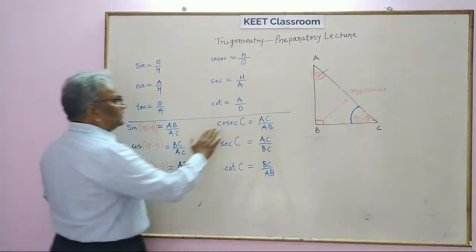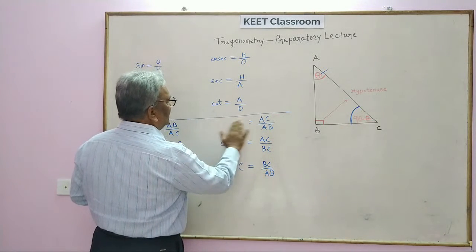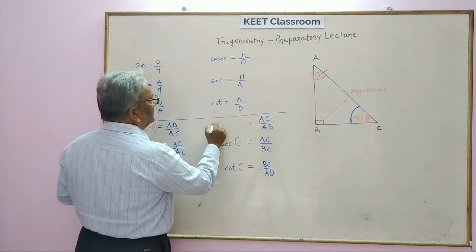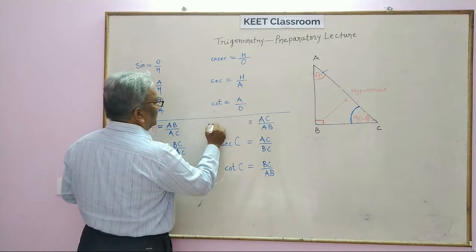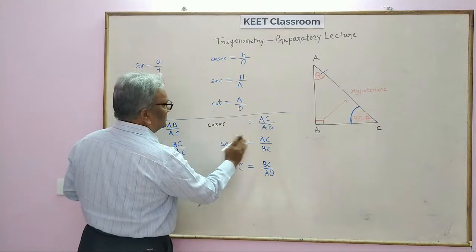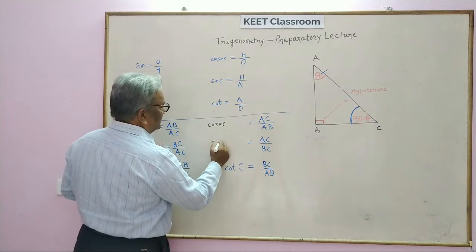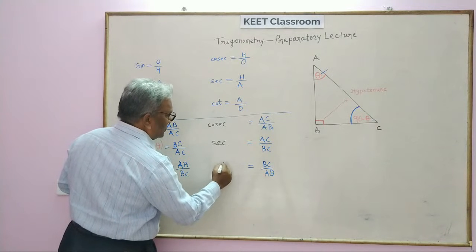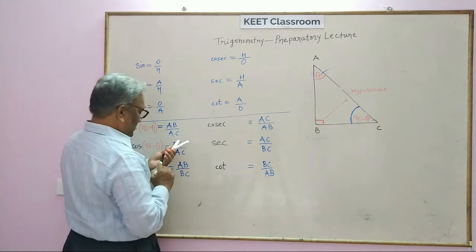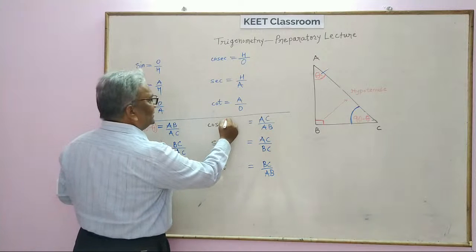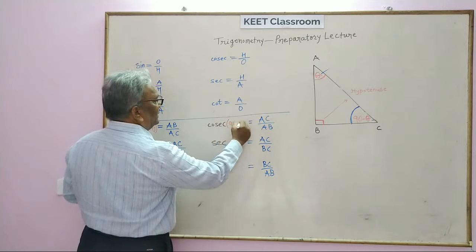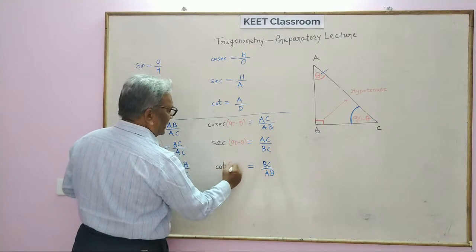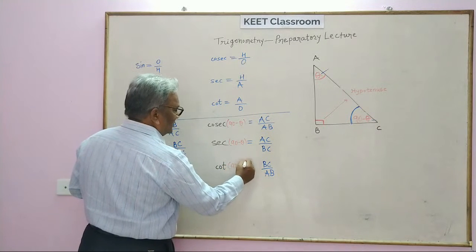In the same way, for cosec C, I'll write it fast, it is cosec, this I'll write here sec, and then cot, and in place of C we are going to write the measure of the angle, 90 minus theta, 90 minus theta, and 90 minus theta.